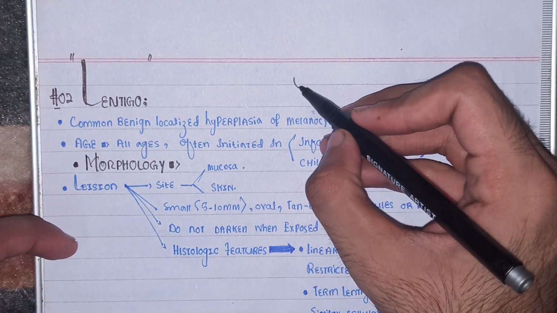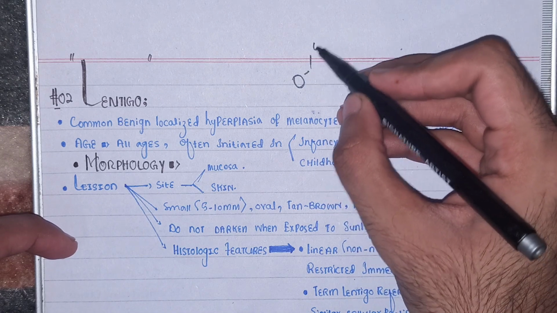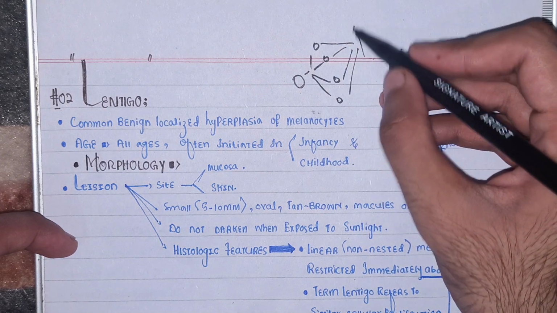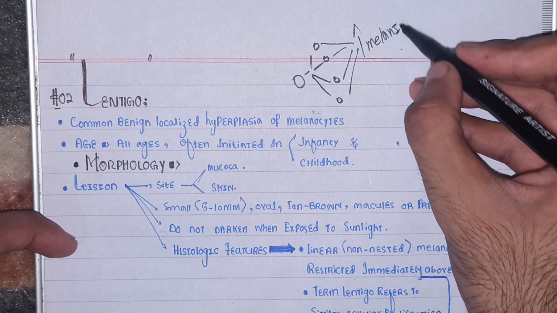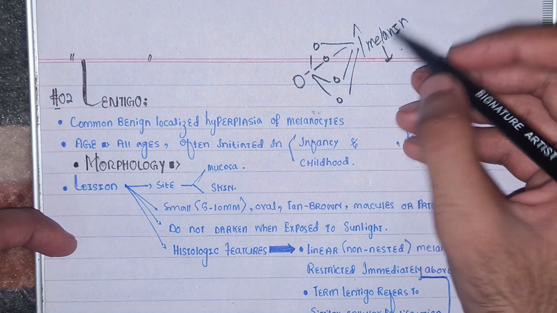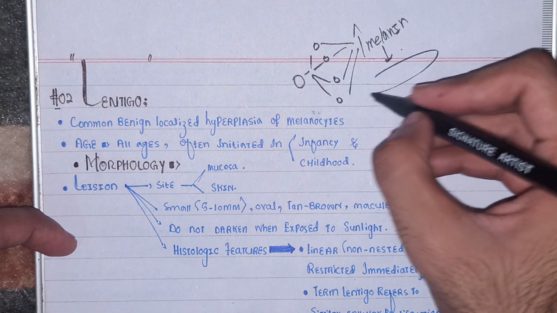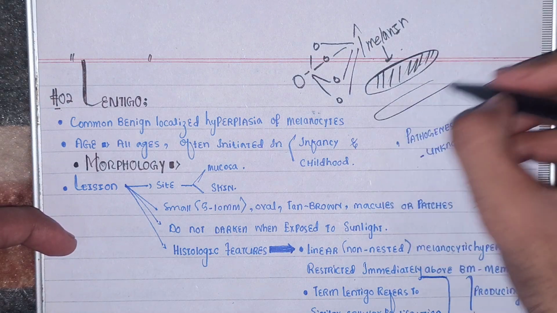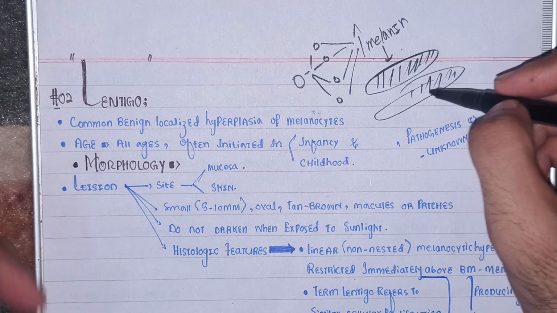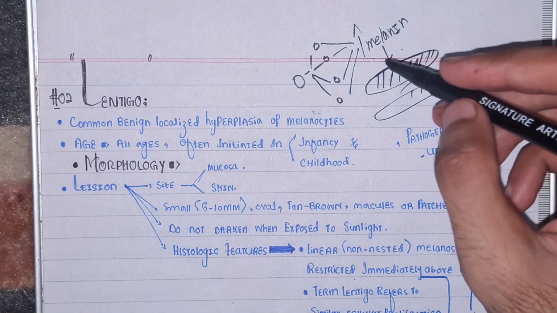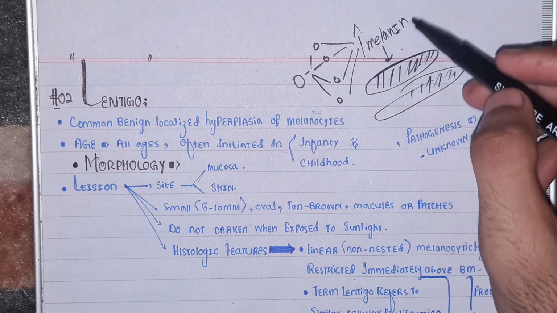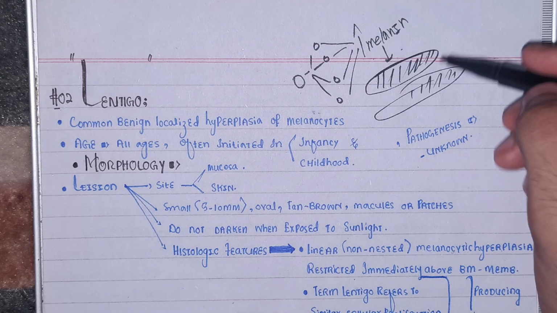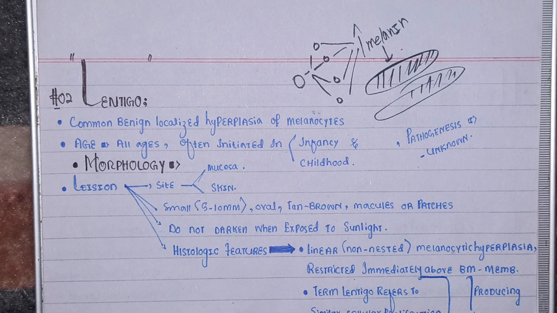Let's suppose this is a melanocyte, and in case of lentigo there are so many melanocytes that they produce lots of melanin. Melanin gives dark color to the skin, so because of more melanin, hyperpigmented patches will form. Not one, obviously many hyperpigmented patches, due to increased melanin production, which in lentigo is due to the increase in number of melanocytes. So yes, this is the case, and they can appear on the skin and on the mucosa as well, by the way.